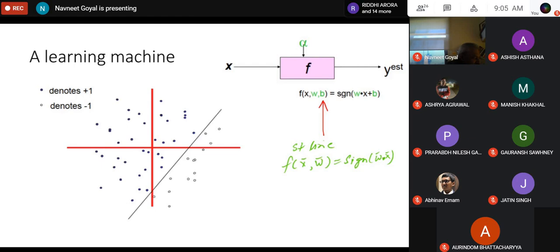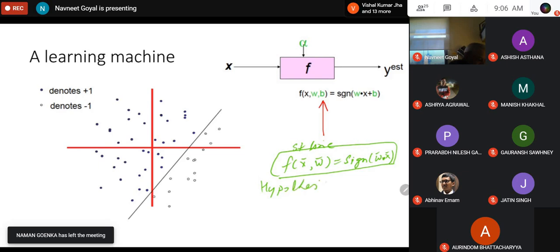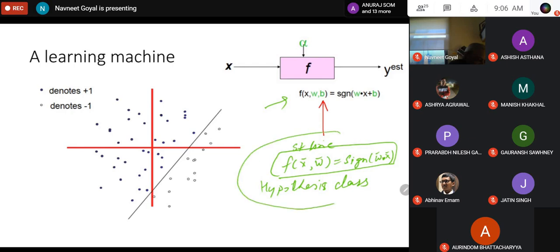So, can you fit a line passing through the origin, at any orientation? Because this is a family, or a hypothesis class. So is this hypothesis class, straight lines passing through the origin, able to fit this data?